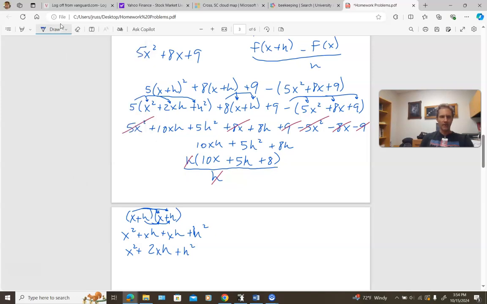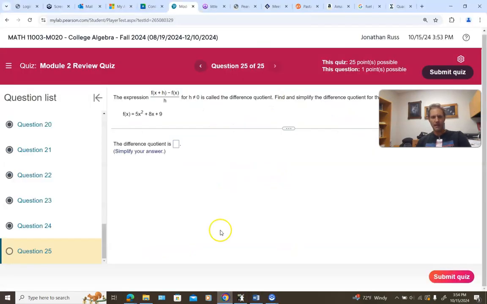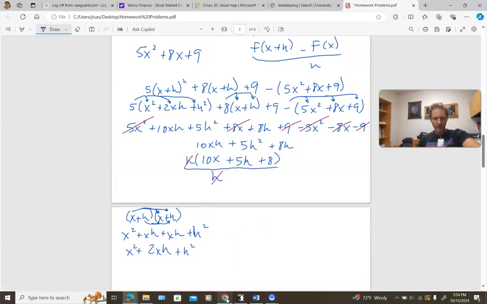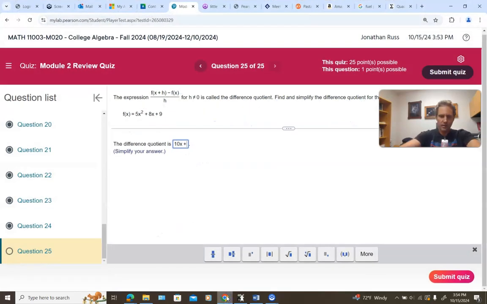And so what we have left right here, the 10x plus 5h plus 8, that is your difference quotient. So that's what you would type in: 10x plus, I forgot it, 5h plus 8. Okay, and that should be it.